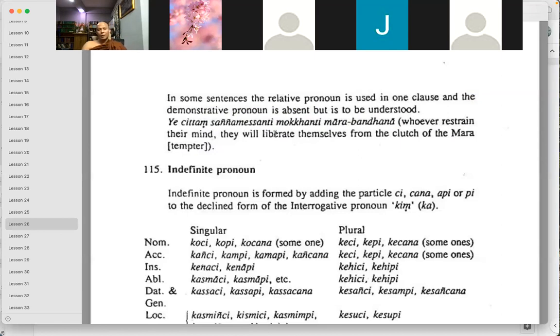So here no doubt that te must be understood. That is, where there is ya, there must be ta, or there must be understood ta. Okay, that is the usage of the relative pronoun. The relative pronoun ya always goes together with ta, but without that also it can be understood.